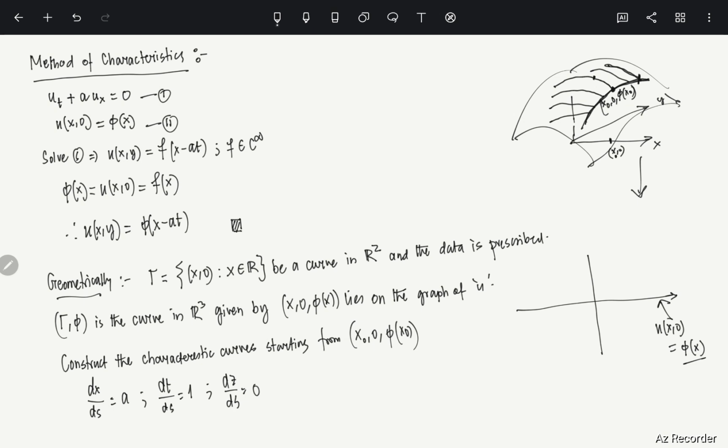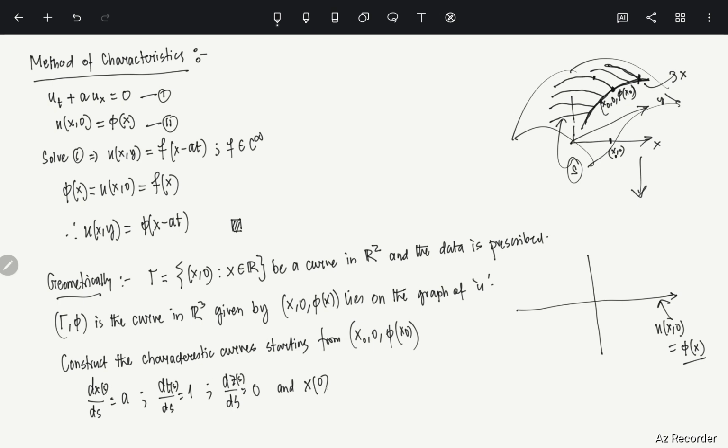And what is the data given? So x is a function of s here. This is parameterized by s, so x, t and z are all functions of s.